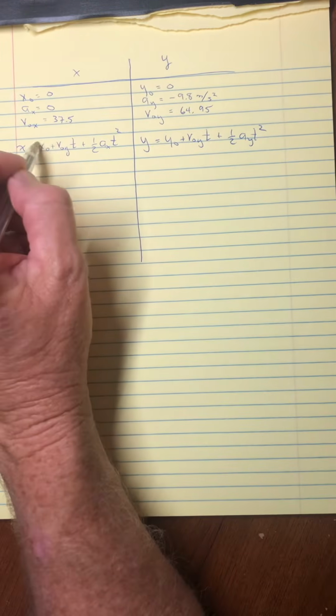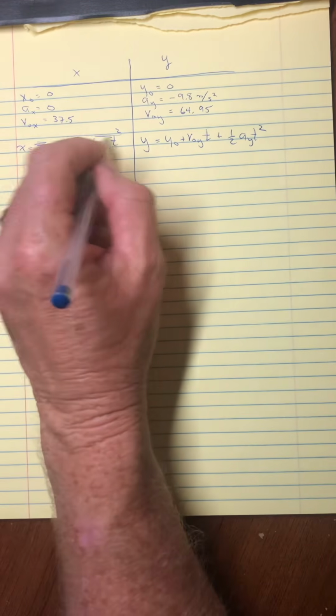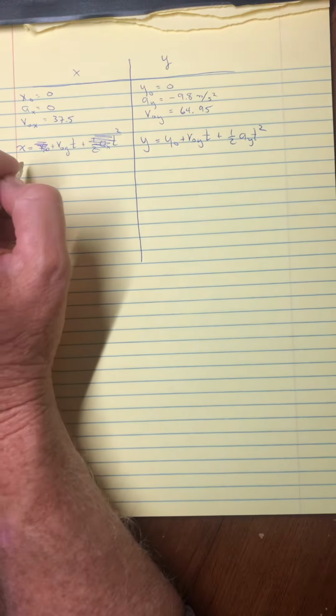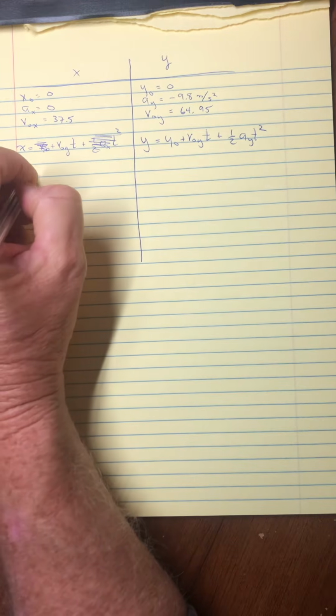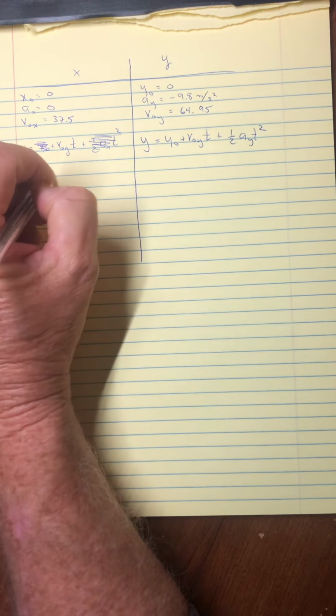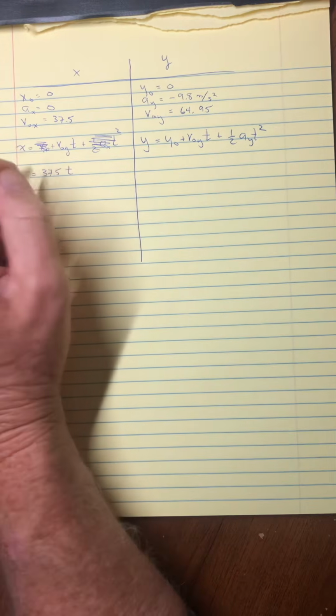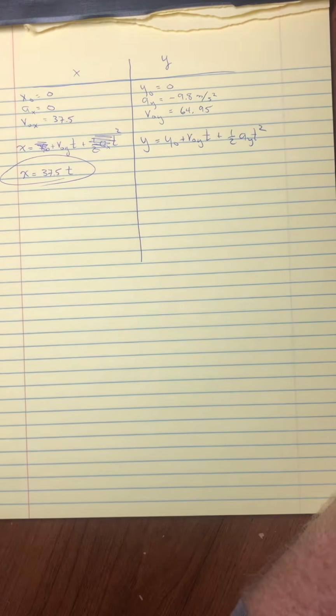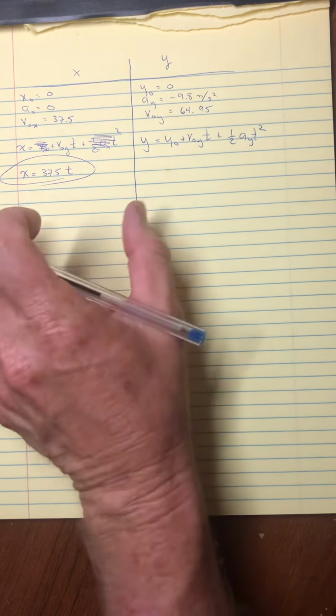As we just said, the initial position is 0 and the acceleration is 0. So this becomes x equals 37.5 multiplied by t. I'll circle it and call that my first equation. Two unknowns. Okay, can't do much anymore with that.